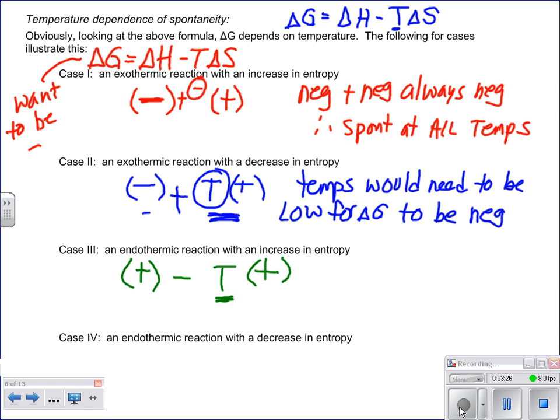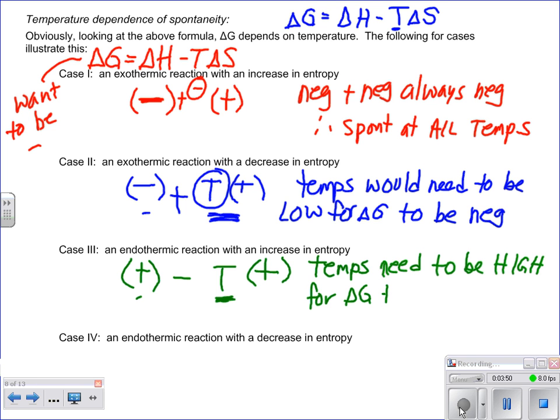Well, if this T value is big, then you'd end up getting a negative value. If this is small, then it would end up being more positive. So in this case, we're going to say that temps need to be high for delta G to be negative. In other words, for delta G to be spontaneous.